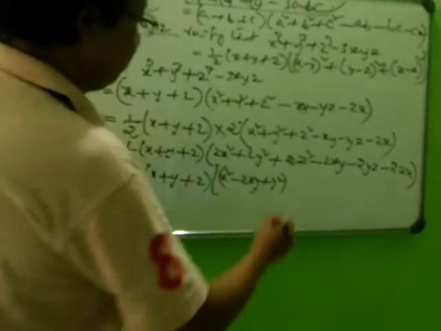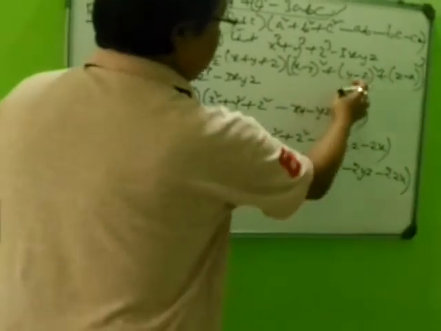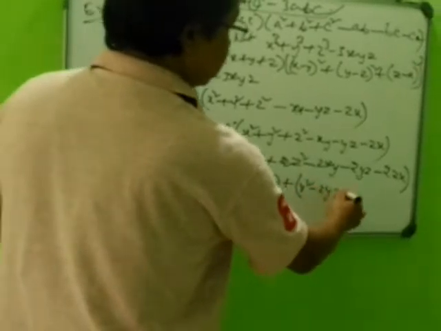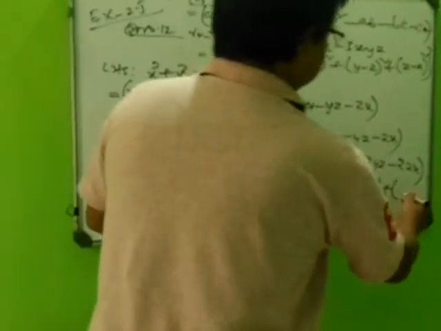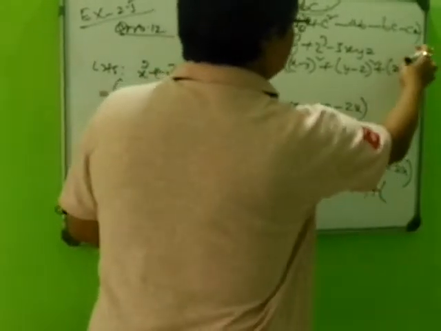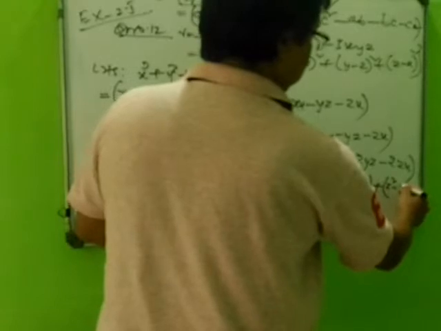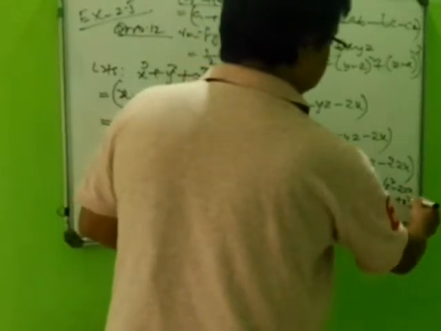Similarly, y minus z whole square gives y square minus twice yz plus z square. And z minus x whole square gives z square minus twice zx plus x square.